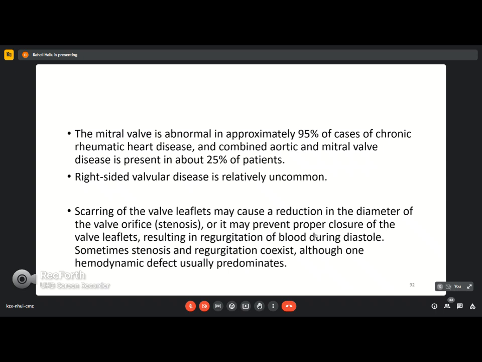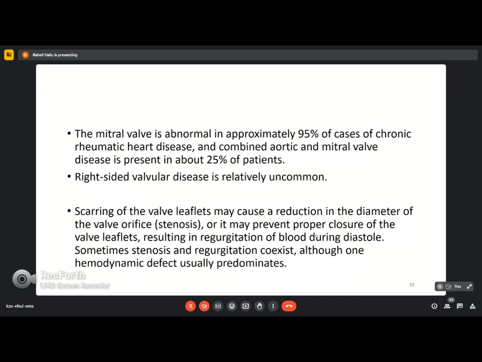So the mitral valve is abnormal in approximately 95% of the cases. So we expect the mitral valve to be much more involved, because it is one of the valves that opens under high pressure. The next one is the aortic valve. So the valves that open under high pressure are very exposed to any sort of antibodies that are delivered through the circulation.